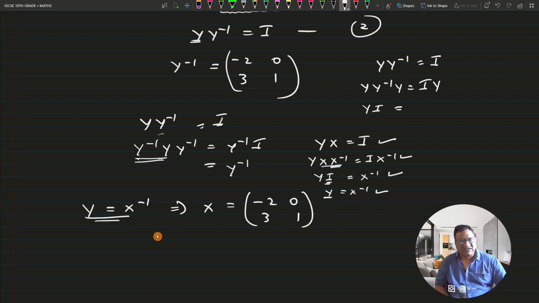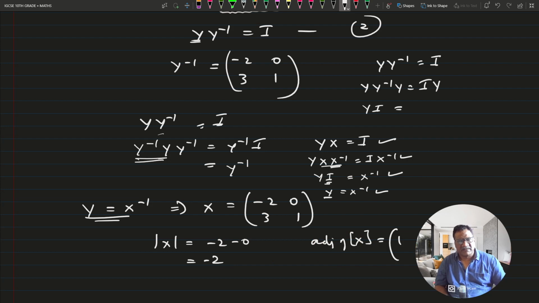To find that, we'll first find the determinant of x, which will be equal to minus 2 minus 0, which is nothing but minus 2. Now let us find the adjoint of this x. The adjoint of x will be 1 and minus 2, 0 and minus 3.